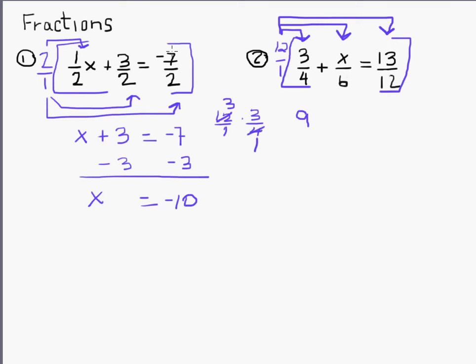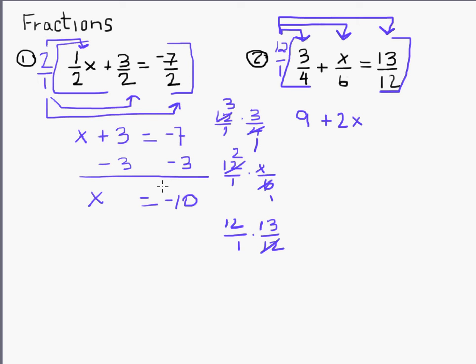So again, I'm going to take 12 over 1 and multiply it times x over 6, and 6 divides into 12 twice, reducing this to 2 times x, and so we have a 2x. And finally, I'm going to multiply 12 over 1 times 13/12.